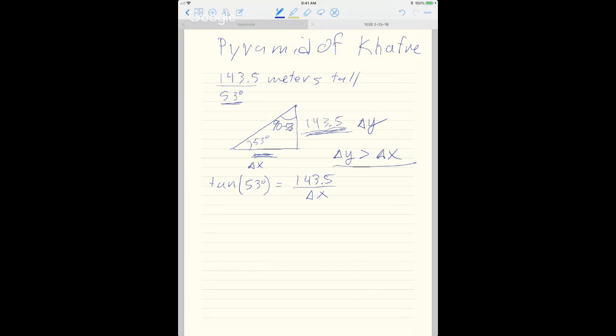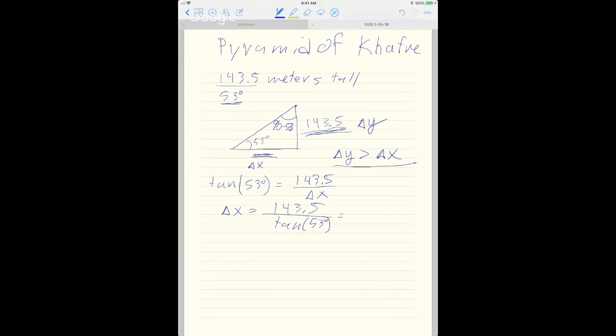One more subtraction, one less subtraction. Don't see much of a difference. Plug in a 37 over there and you should be in shape. Switch your opposite and adjacent. But I've already got this set up like so, so we'll solve it. My change in x is going to be equal to 143.5 divided by the tangent of 53 degrees.